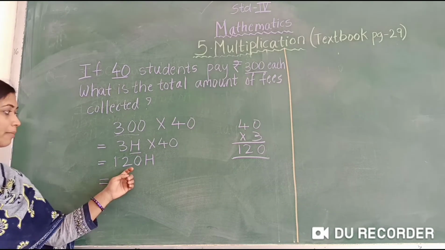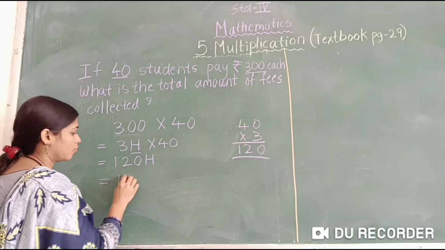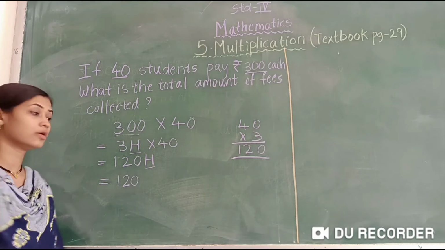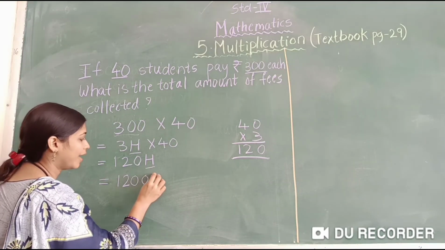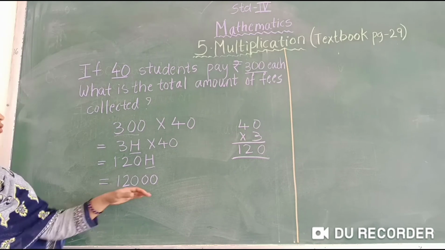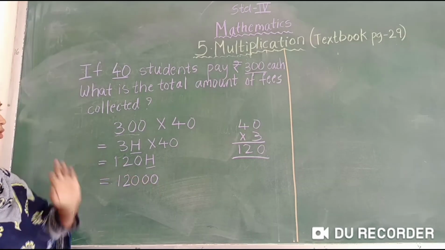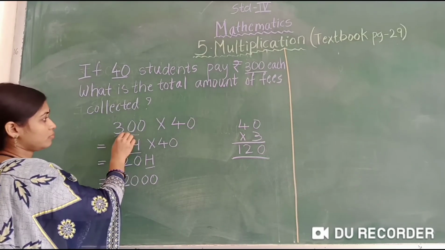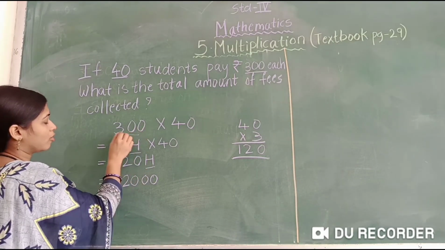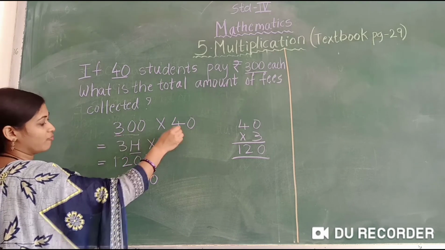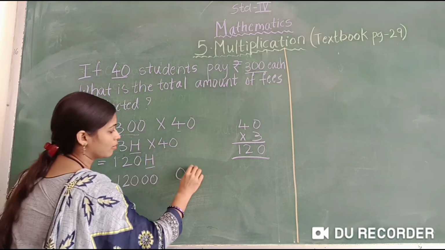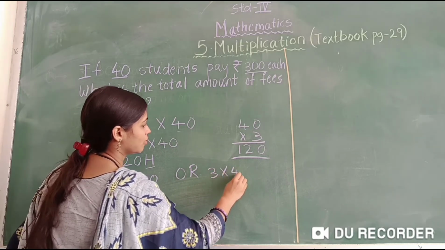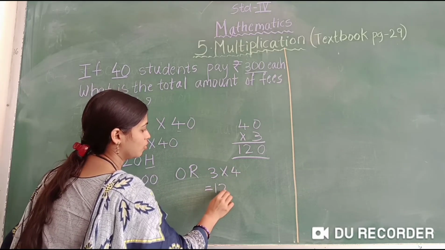What will be the next step? 120, and in 100 how many zeros we have? 2 zeros. We will add 2 zeros in front of the product. Or else you can also directly multiply 3 by 4, which is equal to 12.